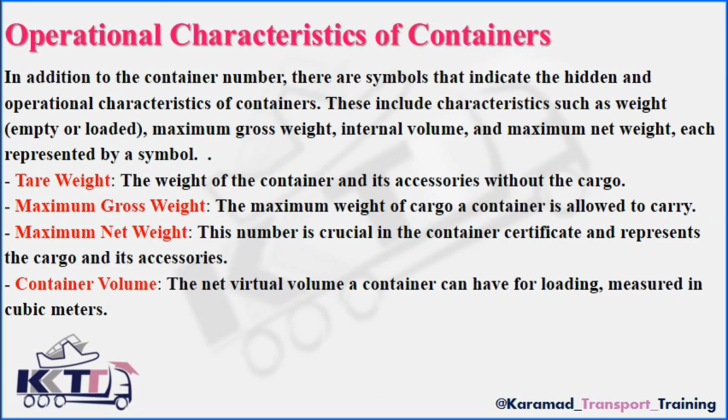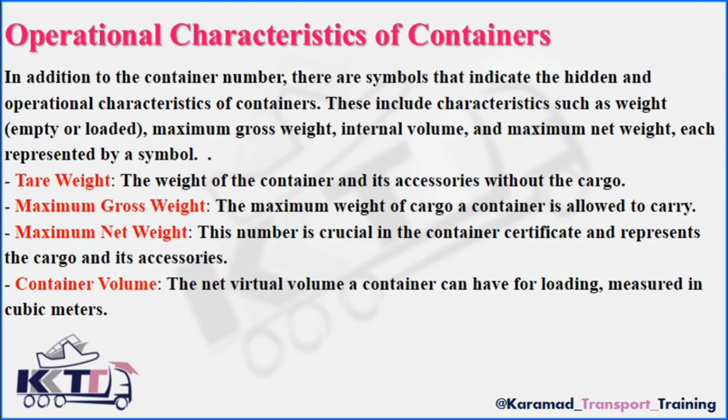What are the operational characteristics of a container? Sometimes next to the container number, there are certain markings that indicate the hidden and operational features of the containers. Like what? Like the empty or full weight, the maximum gross weight, the net weight, the internal volume of the container, and similar factors. The empty weight of the container is clearly calculated and refers to the actual weight of the container, along with its accessories, without considering the cargo.